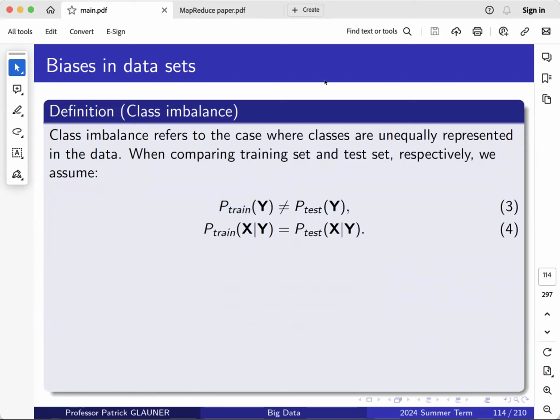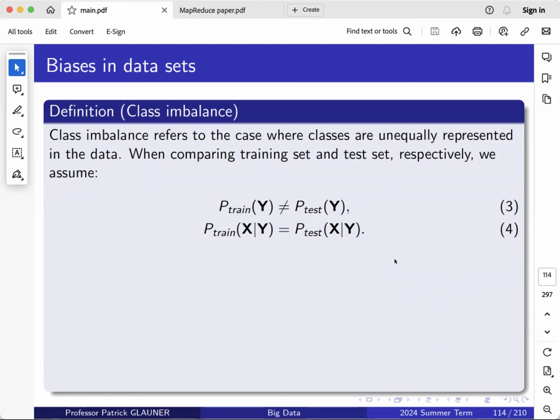So the distribution of labels in training and the distribution of labels in test are different. But we will also say that we have conditional probability distributions. Concretely, the probability distribution for the data given the label is the same for training and test.